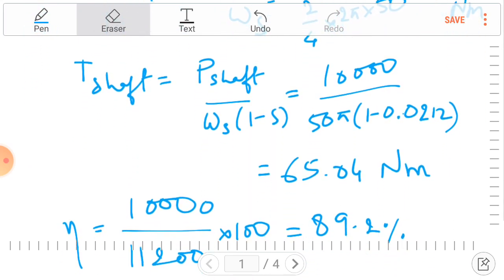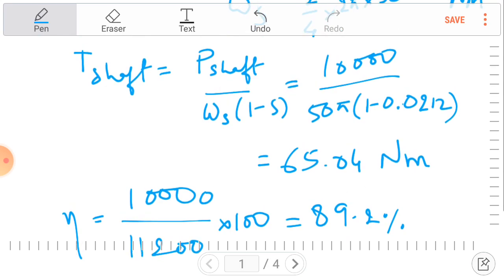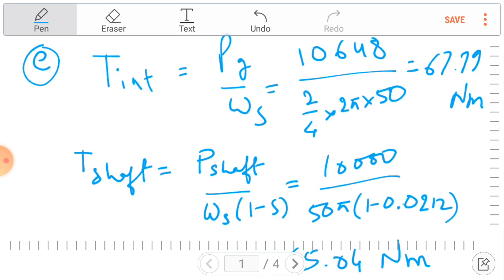Shaft torque is equal to shaft power divided by running speed, which is equal to omega s into 1 minus s, in radian per second. So the answer for shaft torque is 65.04 Newton meter. As we know, internal torque is higher than shaft torque because friction and windage loss come into action in shaft torque.